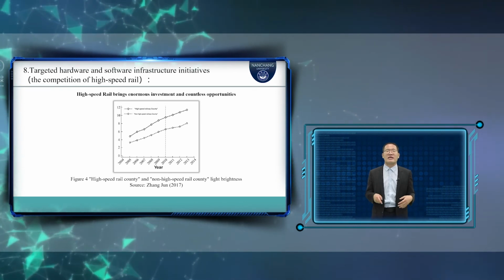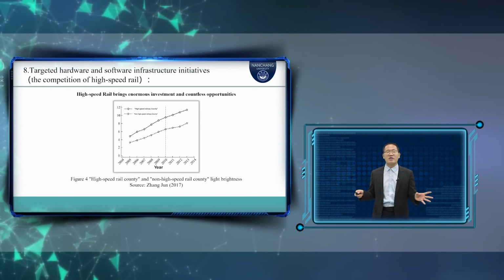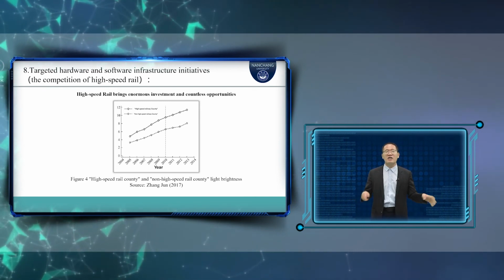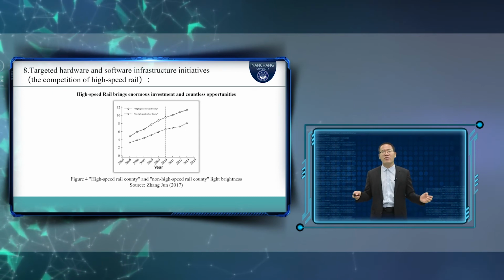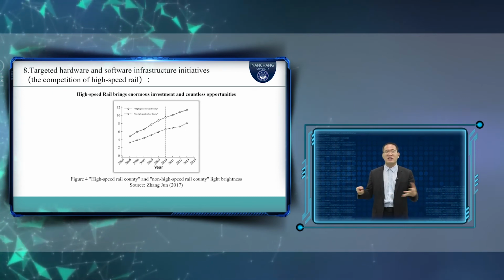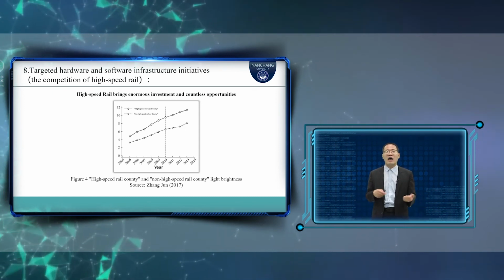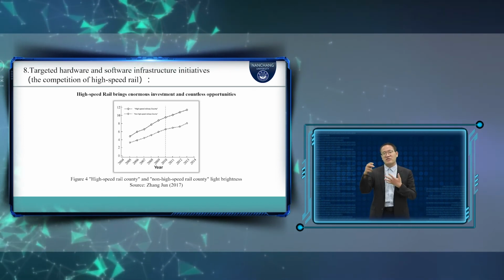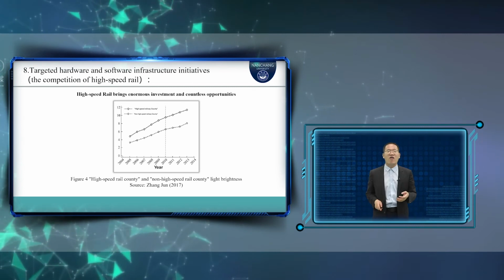A study based on satellite lighting data found that the opening of high-speed rail contributed 34.64% to the economic growth of county-level cities with high-speed rail. But the impact on counties is not obvious.